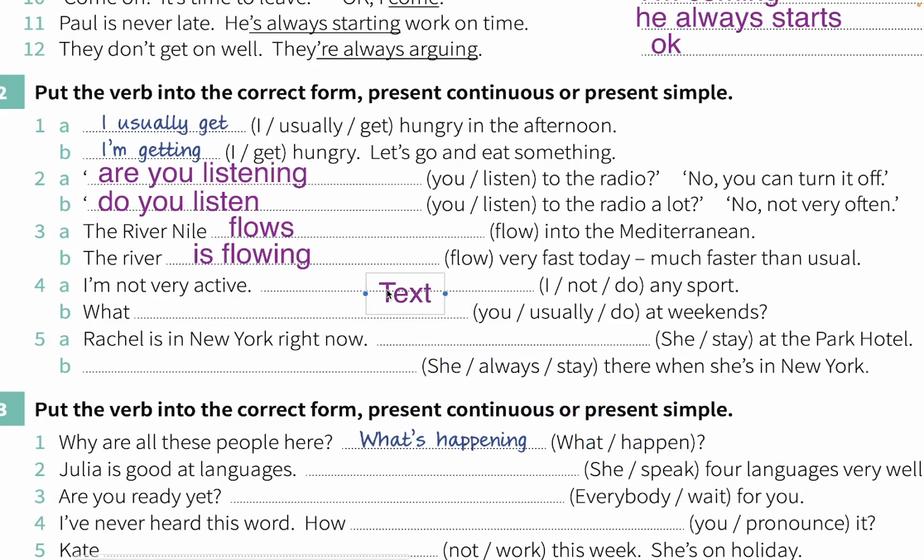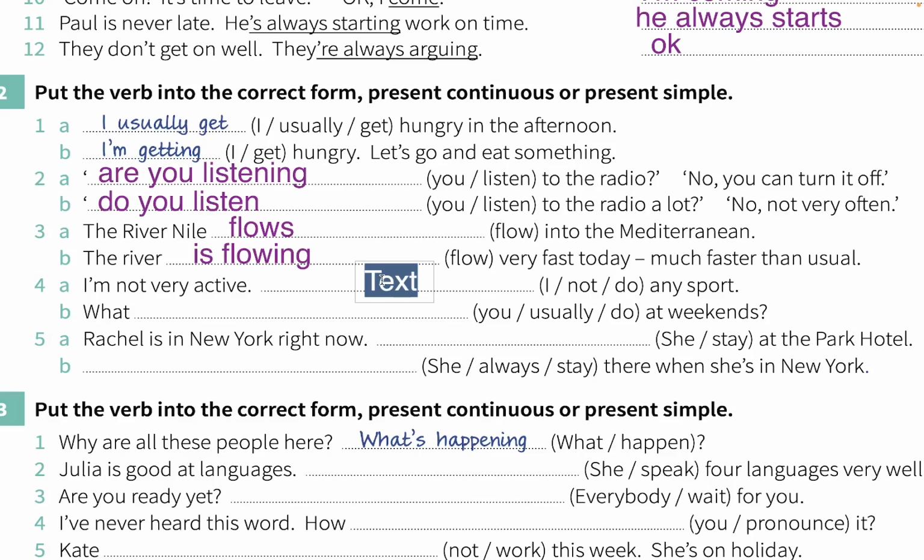Right, number 4. Maybe Steven, wanna try? Okay, I'm not very active. I'm not doing any sport.